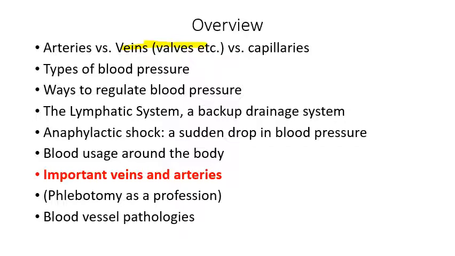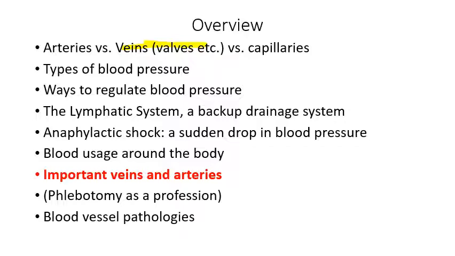But after the blood has traveled through capillaries, it loses a lot of its speed and pressure, and therefore it is in danger of either stagnating, meaning to stay in the same place, or flowing backwards. So veins have valves in order to prevent that.